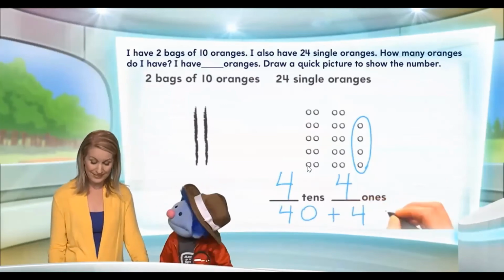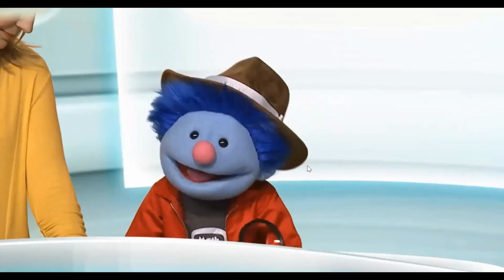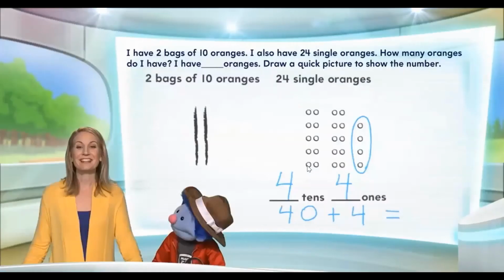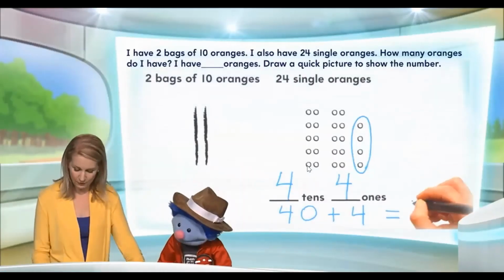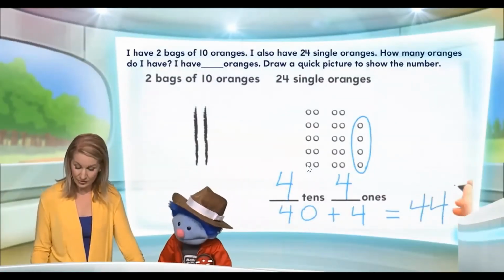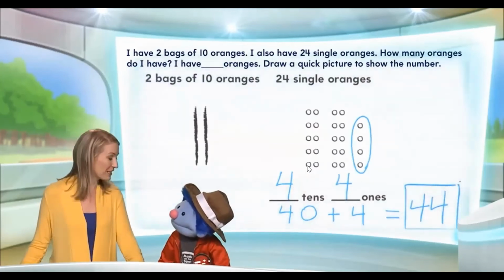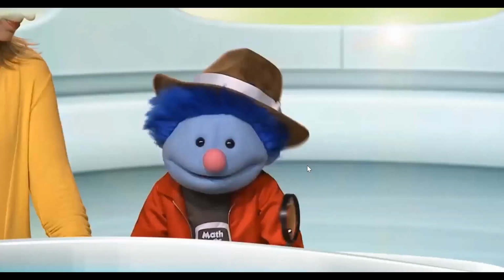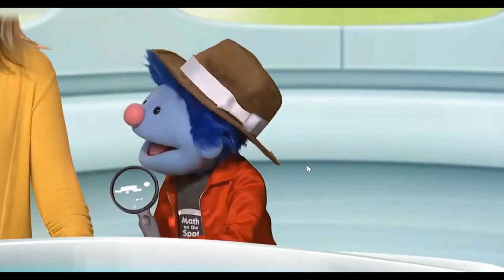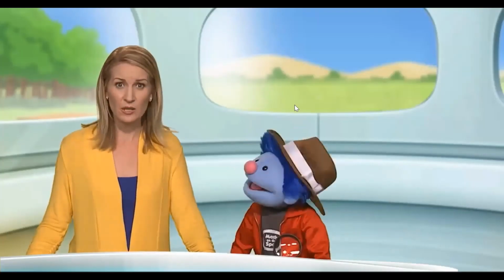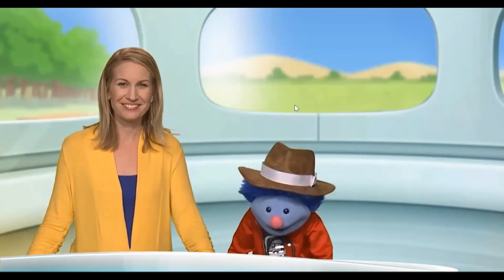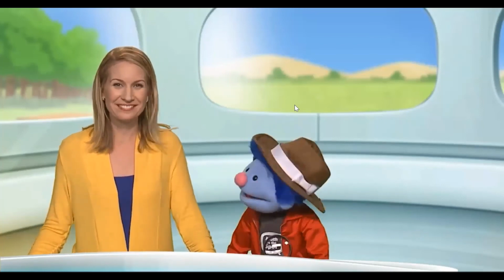And what does that equal? That's 44. So the answer to our question, how many oranges do we have? It's 44. Aren't you glad we solved the case? Yes, it was a juicy one. Have fun with math, everyone.